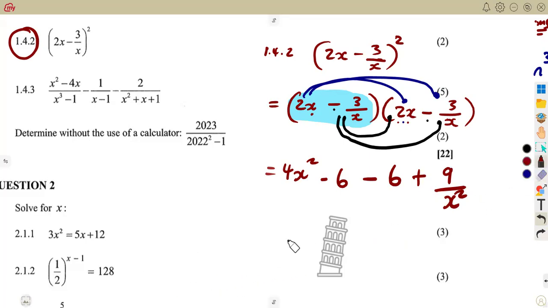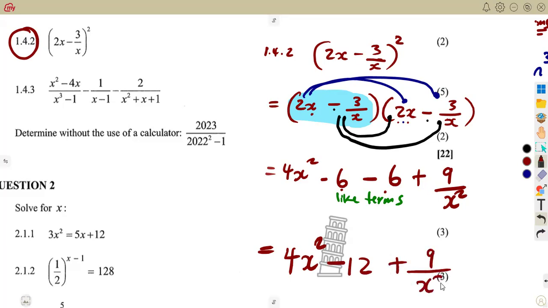Collecting your like terms. In this case here, you must simplify the like terms. Meaning to say, at the end it is going to be 4x squared minus 6 minus 6, that's minus 12, plus 9 over x squared.